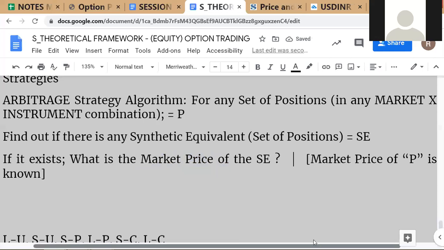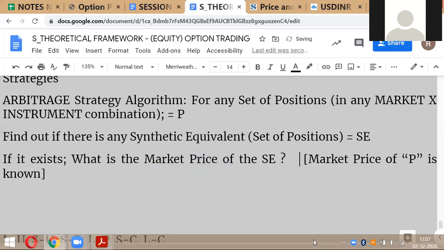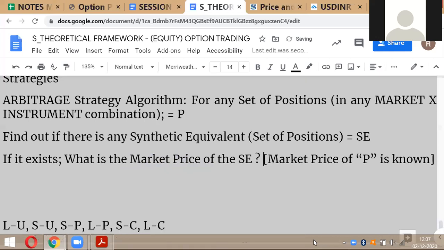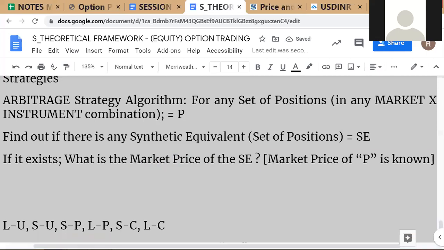I want to keep this at one line if I can. Yeah, okay. This is actually known. So if it exists, what is the market price of the synthetic equivalent?